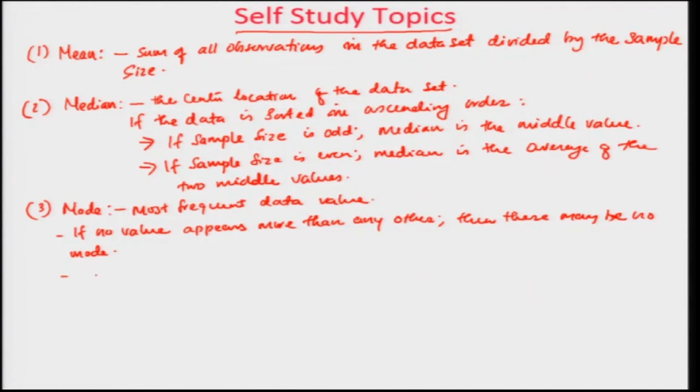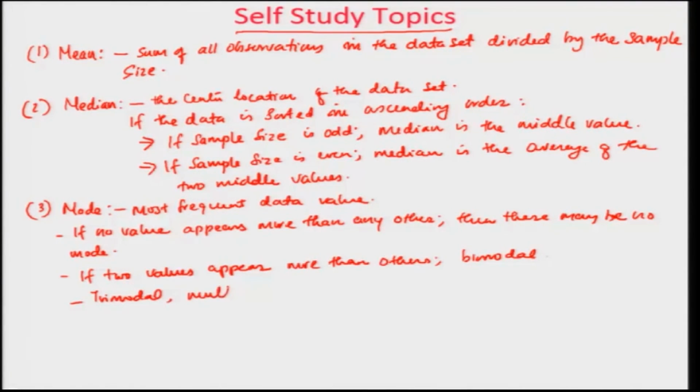Okay. 2. If two values appear more than others, it is bimodal. Okay. Then there can be trimodal, multimodal, etc. You need to learn and study that.